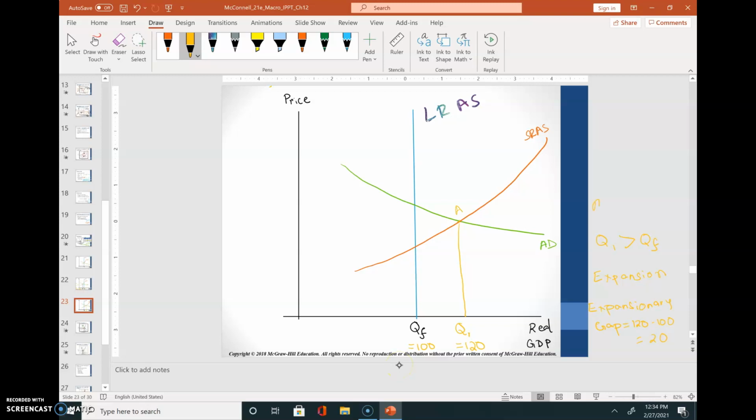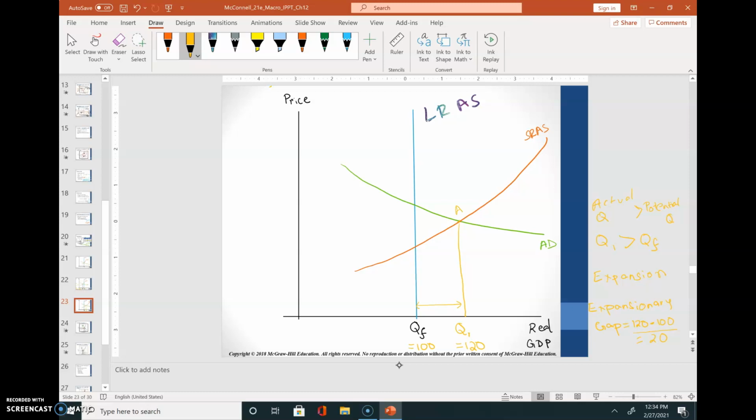So the actual output is greater than the potential output, and we have an expansionary gap which is Q1 minus QF. Just using some numbers here, 120 minus 100, this is equal to 20. This means the economy is producing more than the full employment level of output, and that is not really feasible for a long period of time.